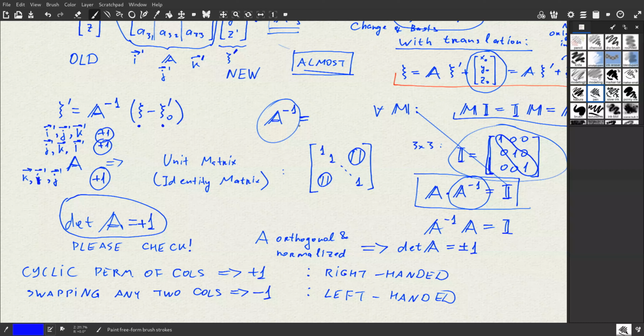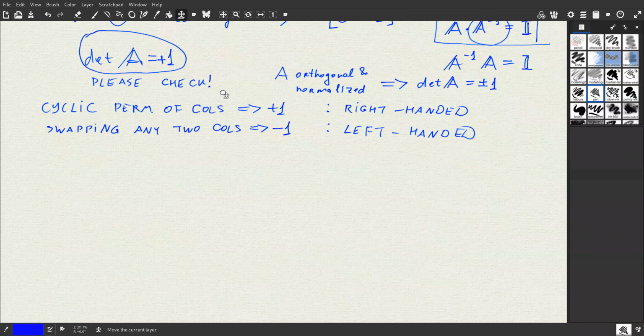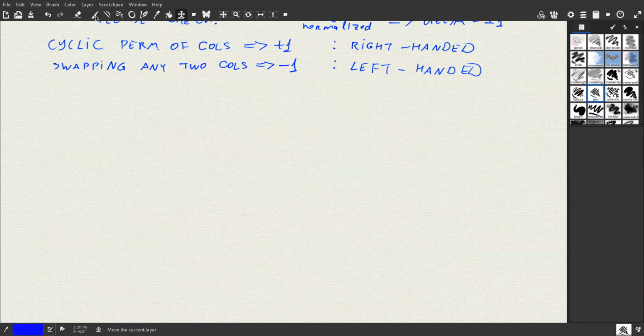Well, by analogy with the two-dimensional case, it is A transposed. So in this case, the inverse of A is A transposed. What is a transposed matrix? Can we recall, please?